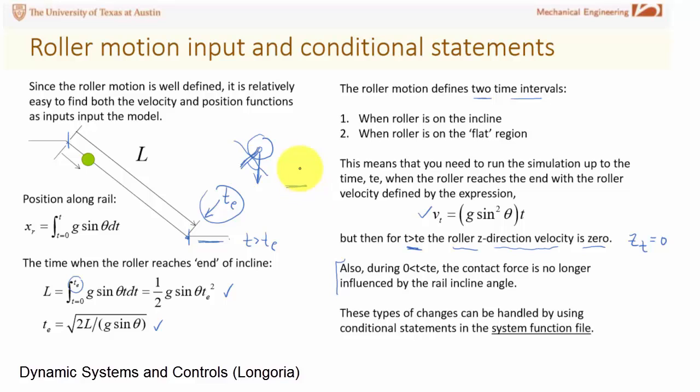When it's in this direction, the full contact force is vertical. So it's less when it's along the incline, and I'll show you how you can implement that as well. These types of changes and conditional statements can be put in the system function file, as I'll show shortly.